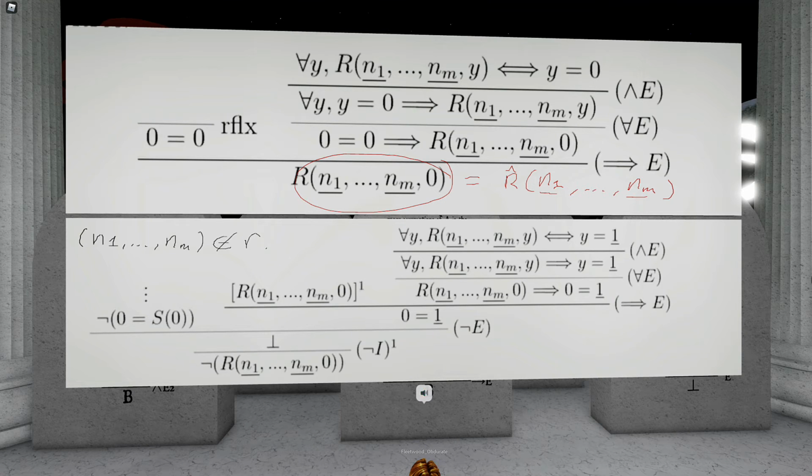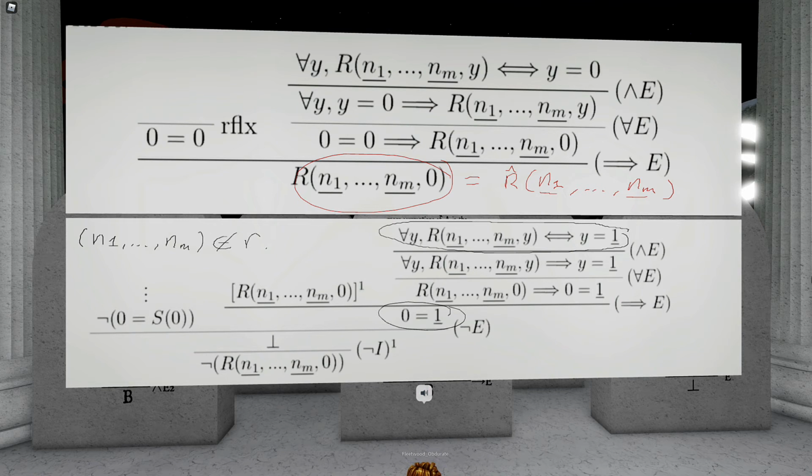If we have that, then by way of the fact that the characteristic function of lowercase r is general recursive and therefore representable, represented by this capital R, we are able to prove this statement inside Q. And so therefore we have some proof of that. And then it's just a matter of getting down to the fact that 0 is equal to 1, which is a contradiction.